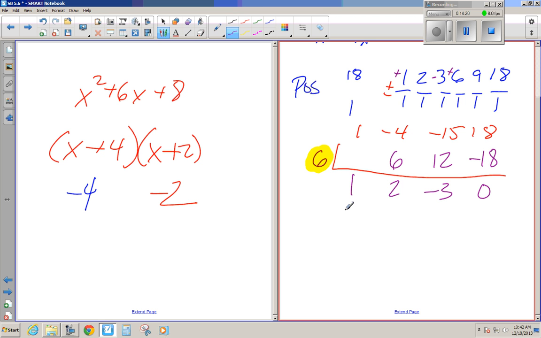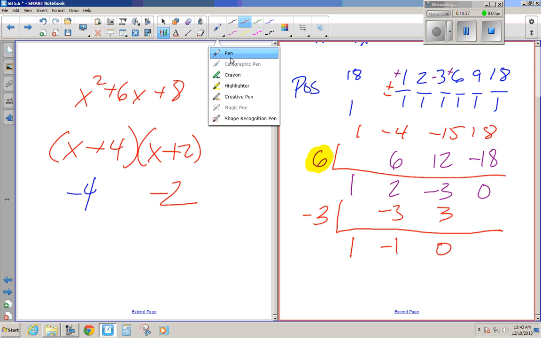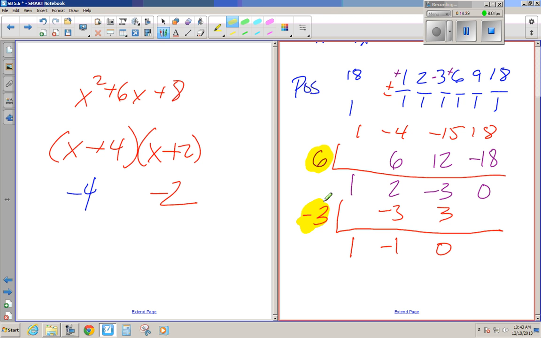So then we set up synthetic division. Let's try -3. Multiply, add, multiply, add. -3 for sure is one of our zeros.